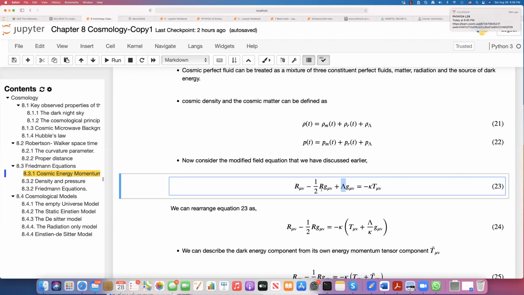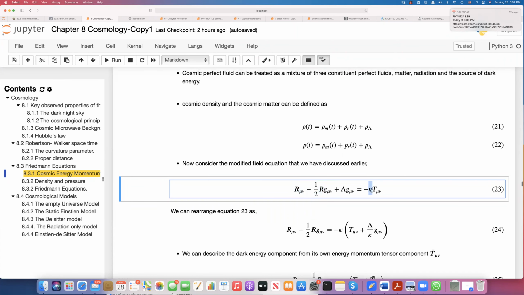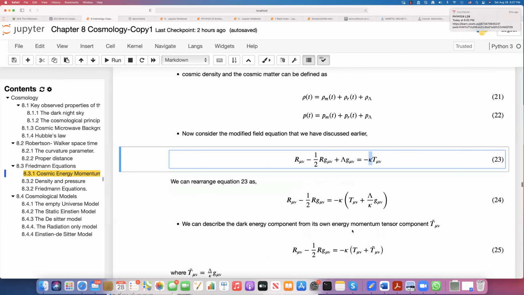If you keep these two terms on the left-hand side of the equation and take this term to the right-hand side, and take the kappa out of the brackets, you can write an expression right here on the right-hand side. We know that T mu nu is the normal energy momentum.